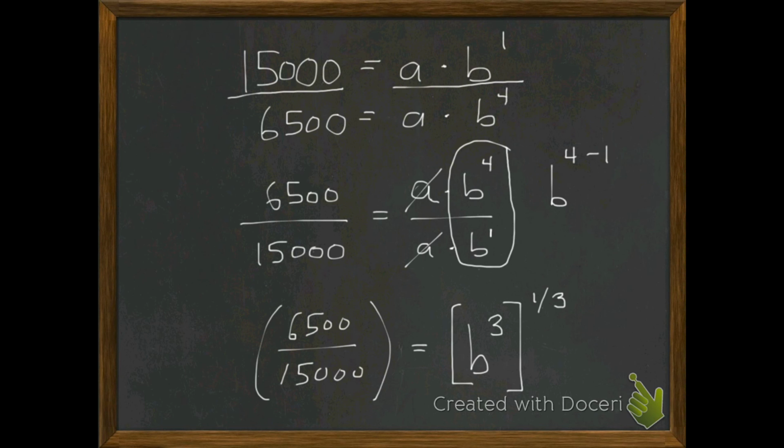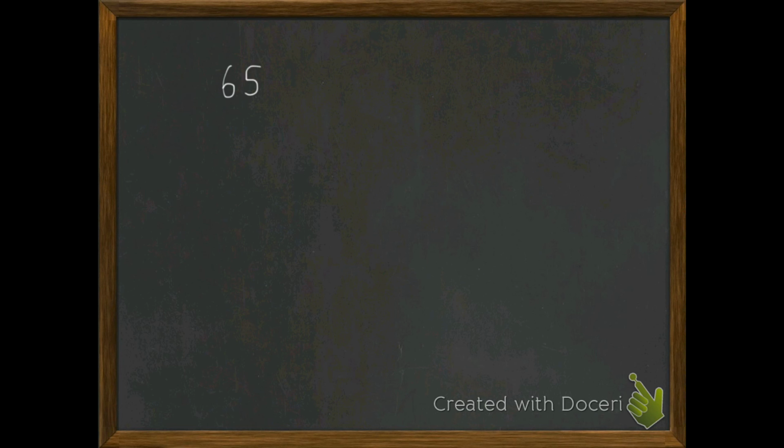So we're going to raise it to the 1/3 power. When we raise a power to a power, we multiply. 3 times a third gives me 1. So ultimately, I'm going to have B to the first power on the right-hand side. But guys, in equations, if I do something to one side, I have to do it to the other side. So cleaning everything up, I get 6,500 divided by 15,000 raised to the 1/3 power.